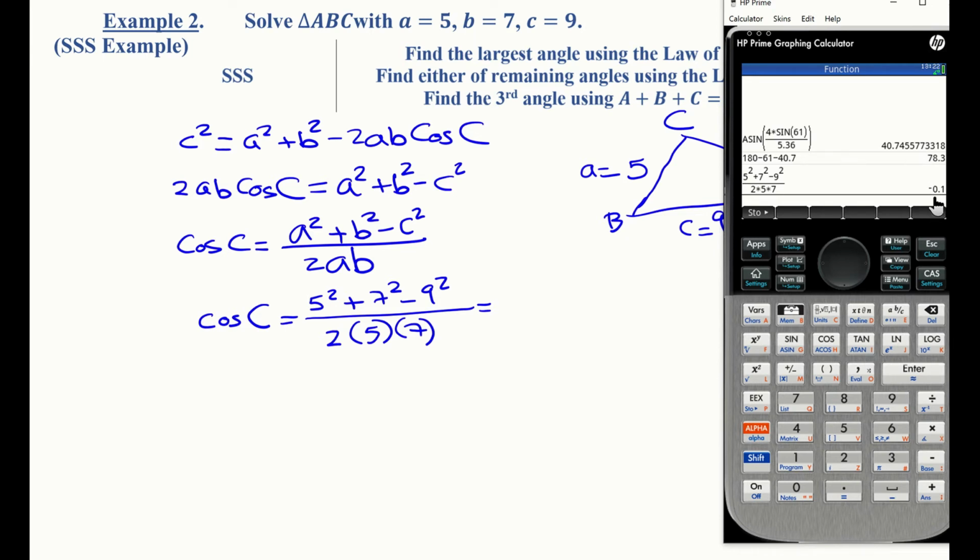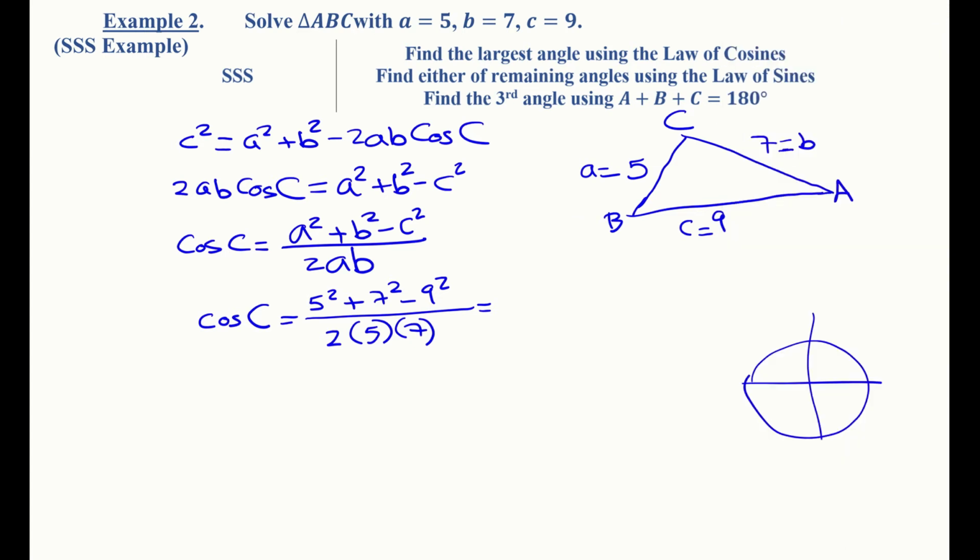So this tells you, before you even calculate it, that the angle C is going to be obtuse, meaning more than 90 degrees in this case. So since that turned out to be a nice rational number, we'll go ahead and use it, negative 0.1.